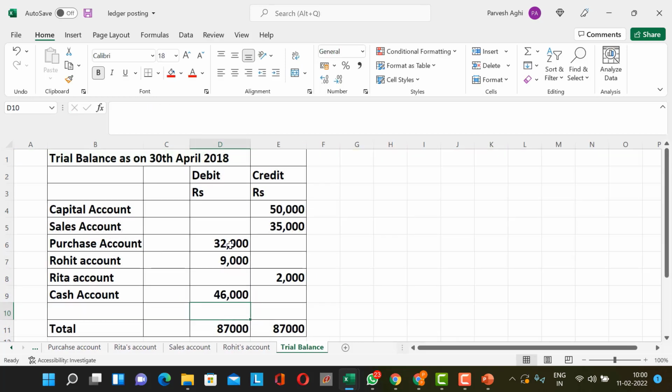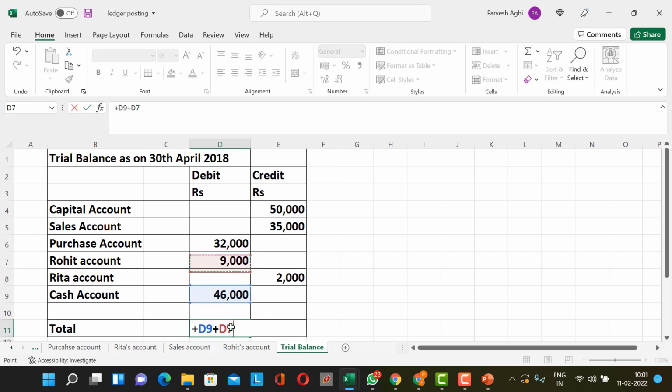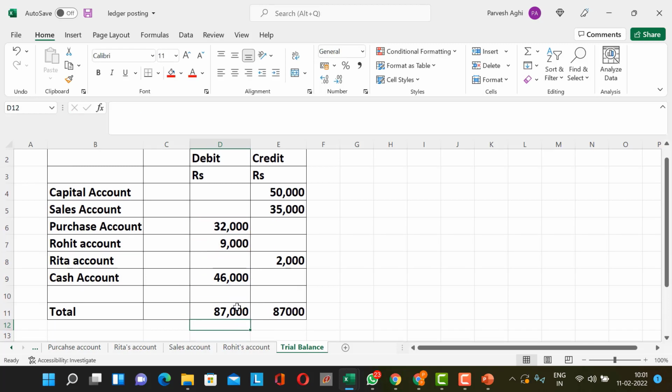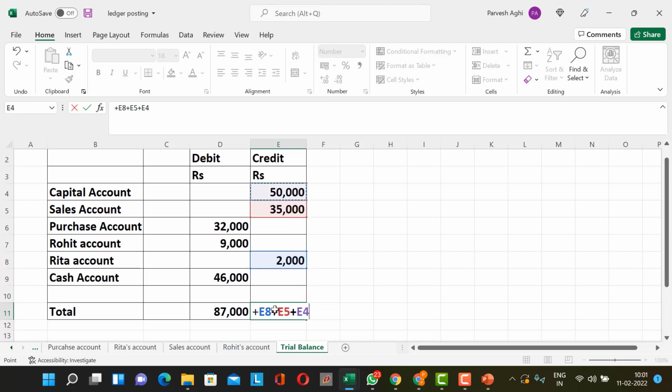If you make the total of everything, it will come to 87,000. So this is called the trial balance.